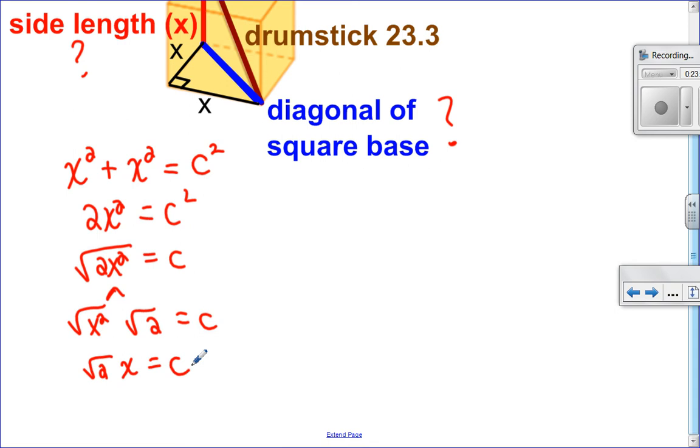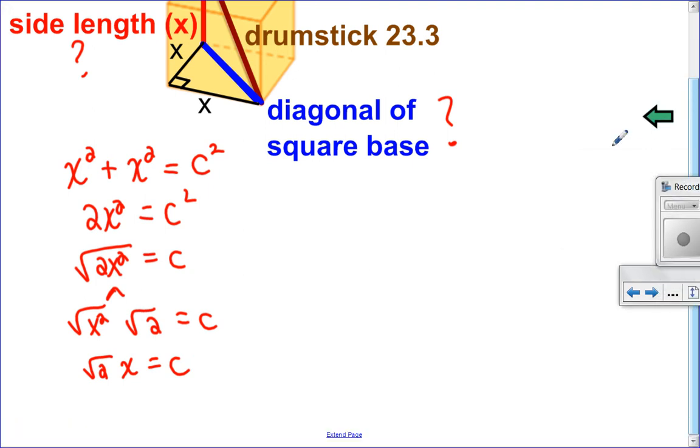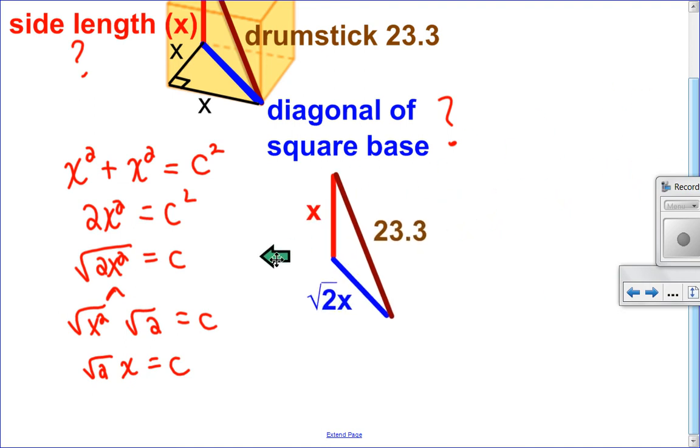So now I have side length in x, I have a diagonal in terms of x, and I have the drumstick, which is a number. So now I can solve what the side length is. I'm going to take this triangle with my new measurement for a diagonal and solve for the drumstick. Again, these are all at 90-degree angles to one another.